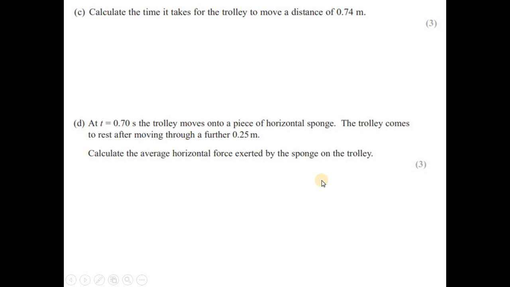Part C, calculate the time it takes for the trolley to move a distance of 0.74 meter. So in this question, the idea is we have a ramp, and after the ramp, the car or the trolley keeps moving horizontally like this.